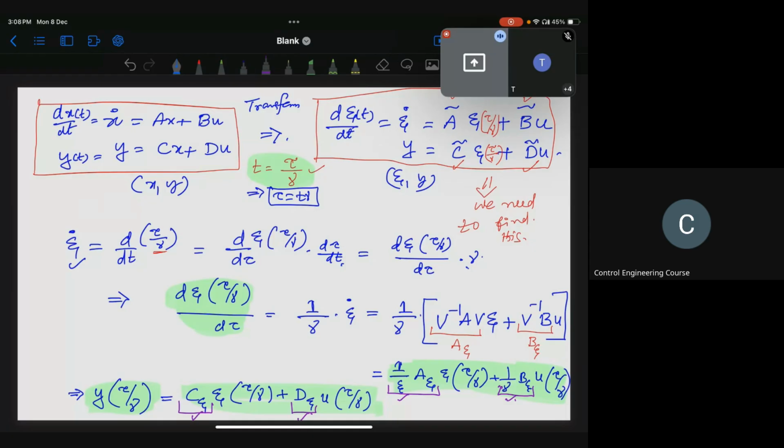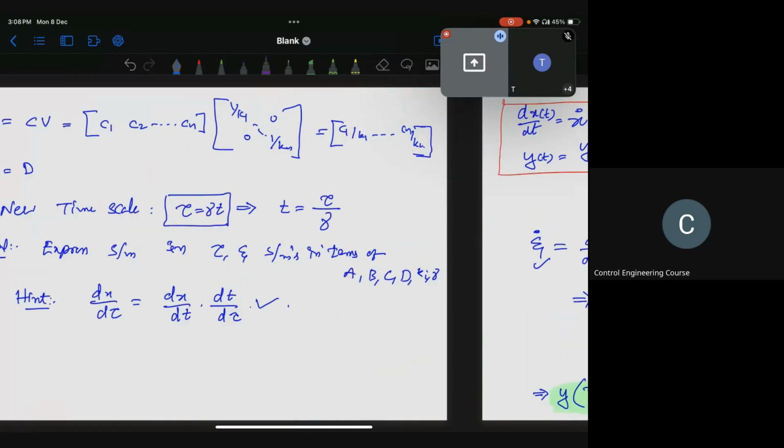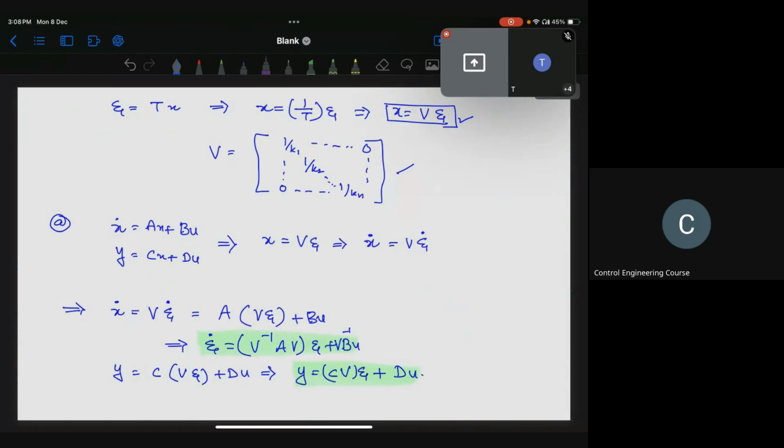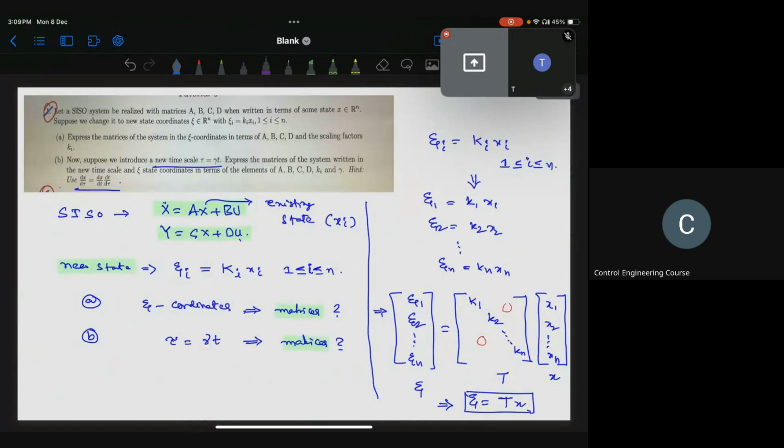So overall, what is this problem we are doing? Let me give you the overview. First we have x dot is equal to Ax plus Bu, y is equal to Cx plus Du. So this state space system is given to us, where the state is xi.